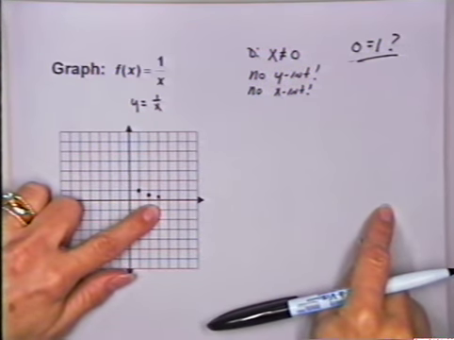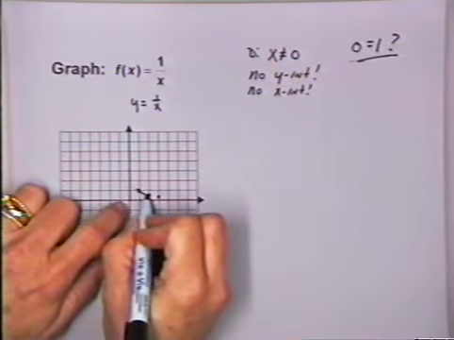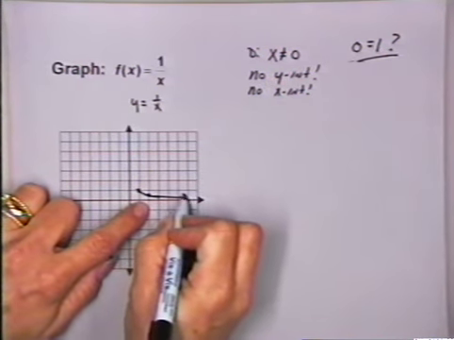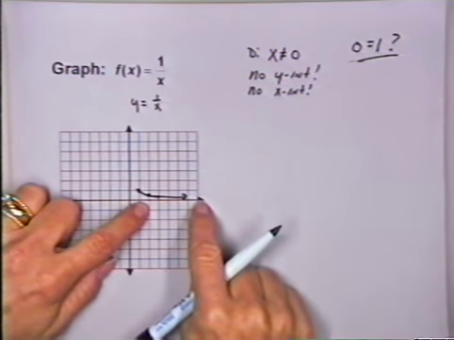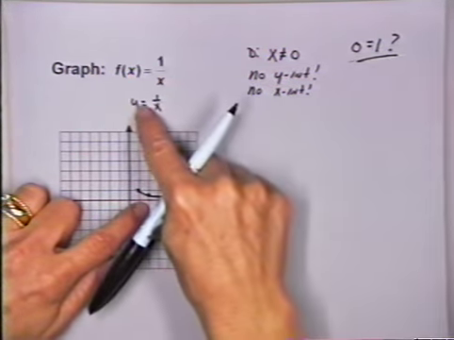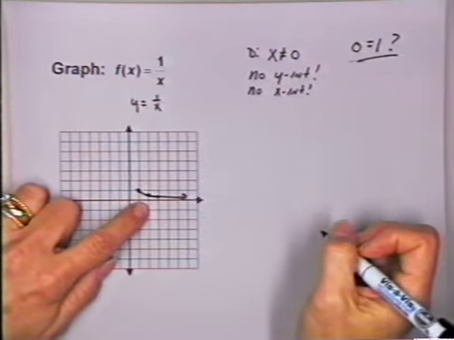I will always have some positive value for y, but it will be very small. Recall that this graph comes down and gets very, very close to the x-axis, but it never quite touches it because y can't be 0 here. That would not make sense for my function.